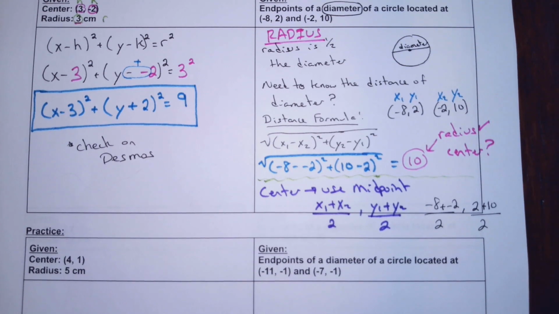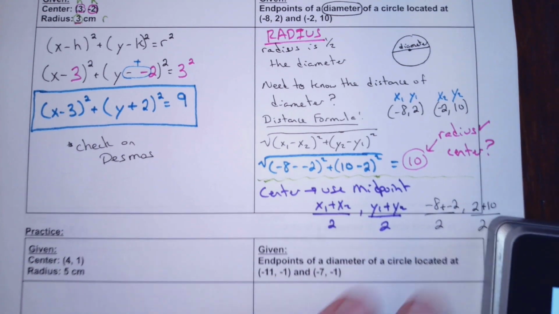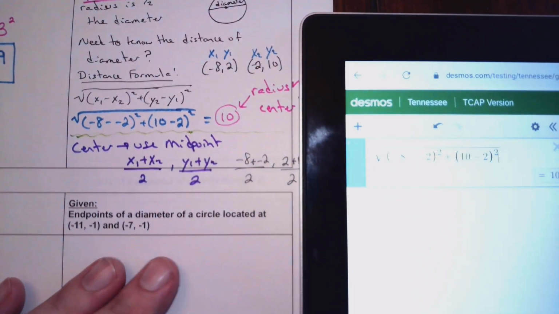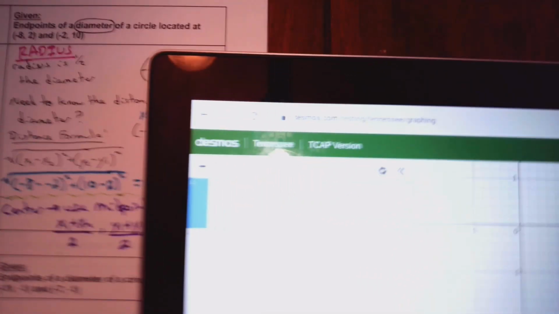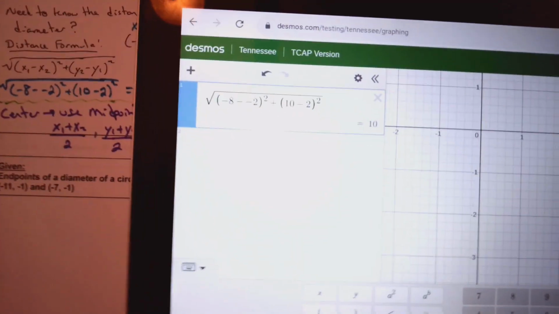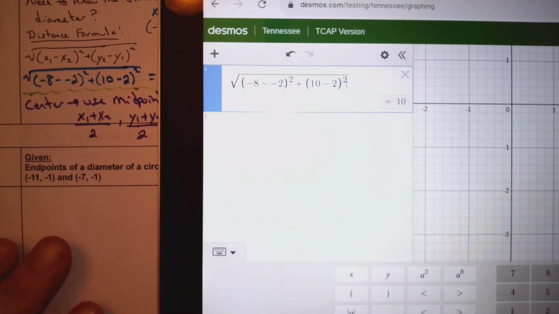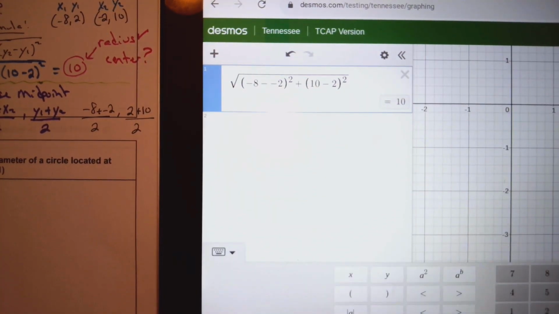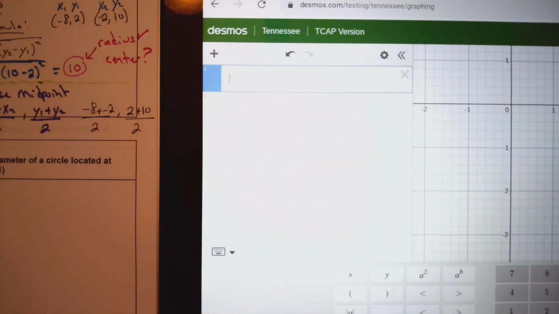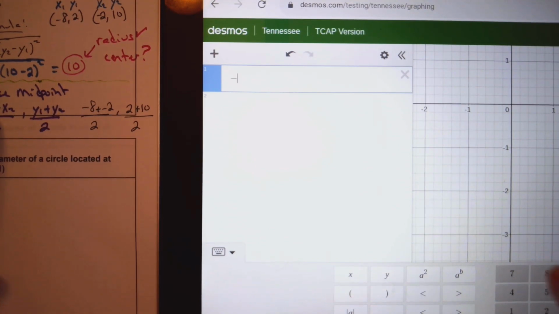All right, calculator again can help us out here. So I need to do -8 plus -2.